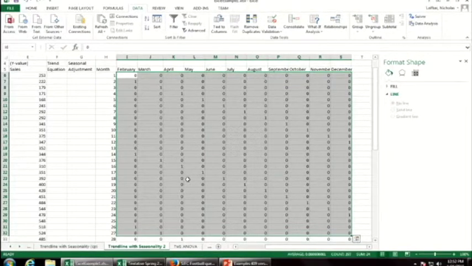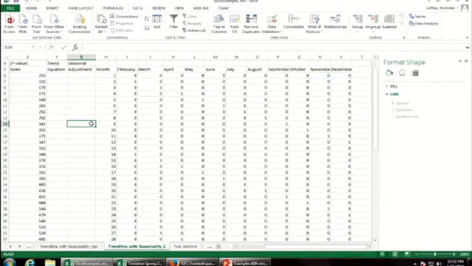Now, you'll note one other thing with the month. It's linear. The month itself is linear. So we have that trend portion of it, and that deals with the trend. But for the seasonality, if it's January, the variables for February through December are going to be 0. If it's February, the variable for February is going to be 1, but the value for all the others is going to be 0. So we can then put this in a multiple linear regression.